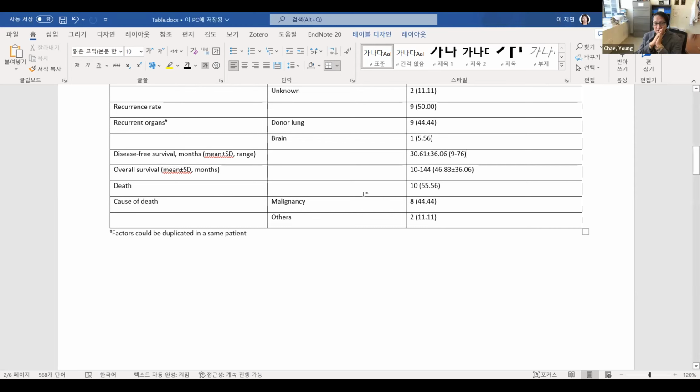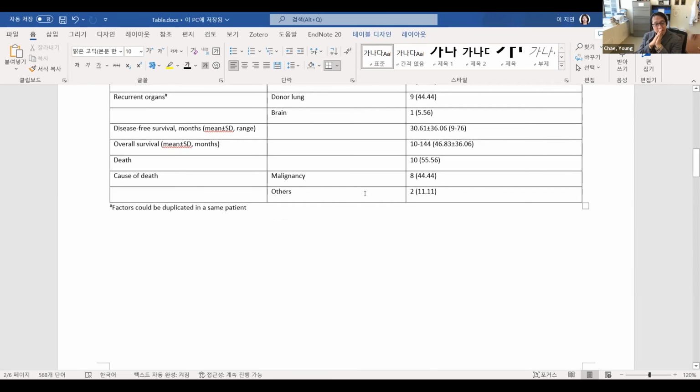Yeah, I think this is better. And this is overall survival. But sometimes you use median. Median.